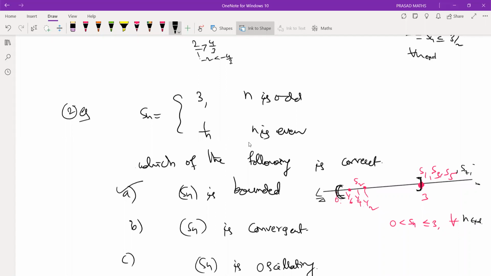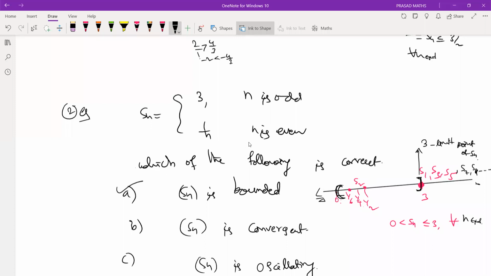How many terms are there here? There are infinitely many terms. So clearly 3 is repeating infinitely many times. I tell you one property: whenever a term is repeating infinitely many times, it is a limit point of the sequence. So the terms S1, S3, S5 converge to 3. Therefore, 3, which is repeating infinitely many times, is a limit point of the sequence.